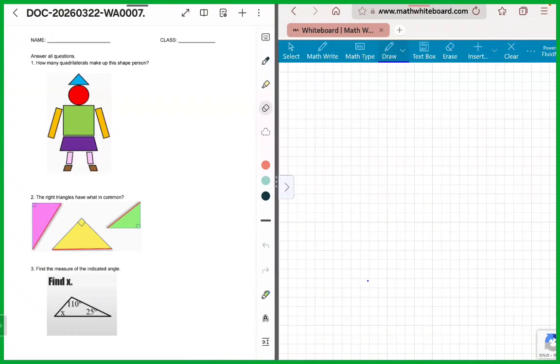Teacher, can I try? Yeah, sure. The answer is 7. Why do you think it is 7? Because as teacher taught just now, quadrilaterals have four sides.